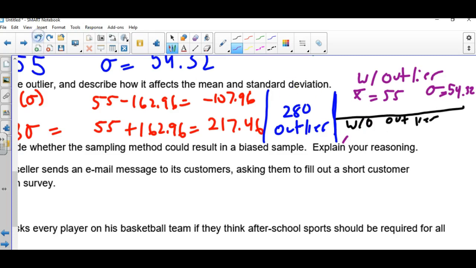And sigma equals 17.35. So those are the new mean and the new standard deviation without the outlier.